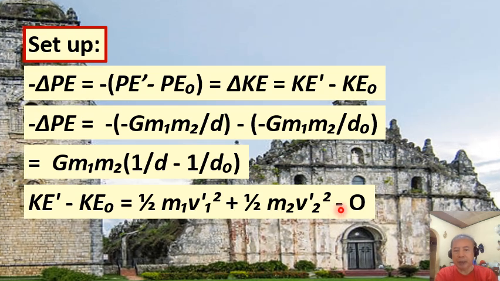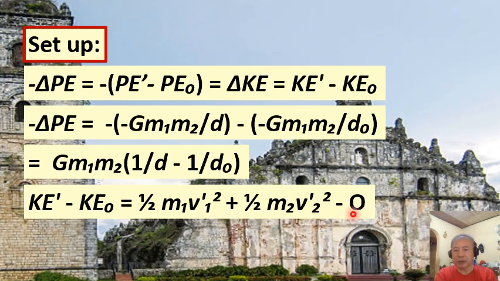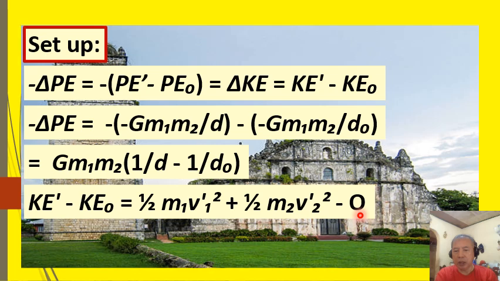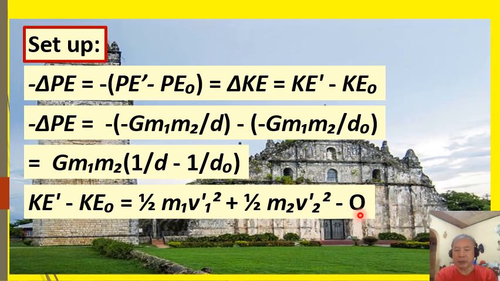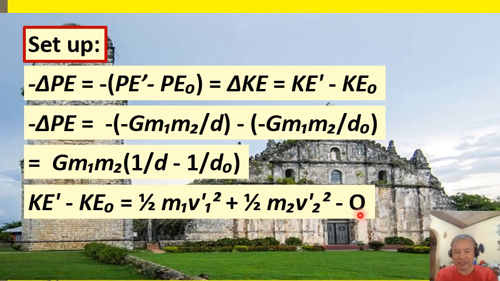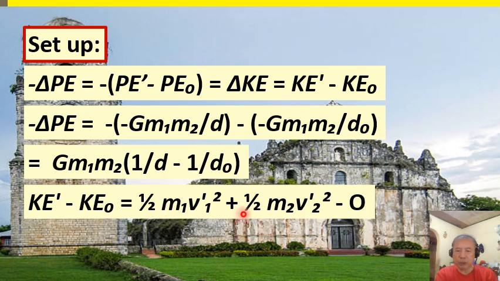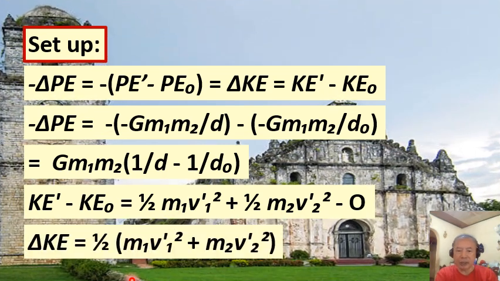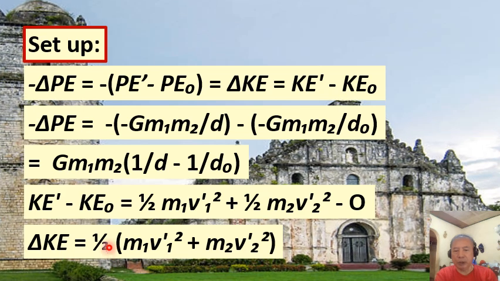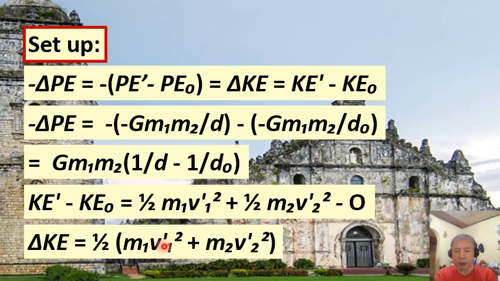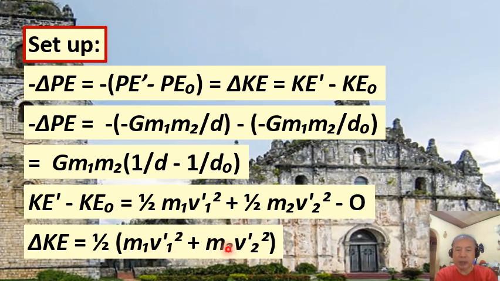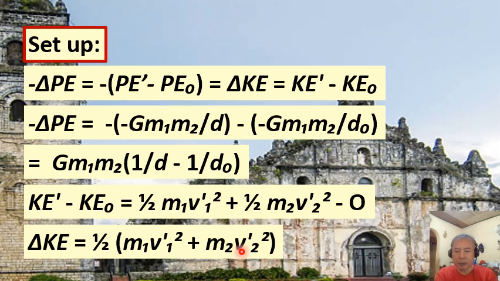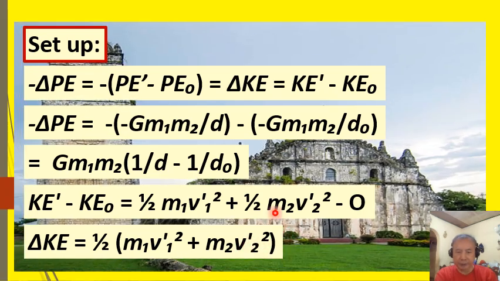And then KE naught is understood to be equal to 0 because initially they are at rest. So when you simplify this, delta KE is just expressed in terms of 1 half times M1 v prime 1 squared plus M2 v prime 2 squared.